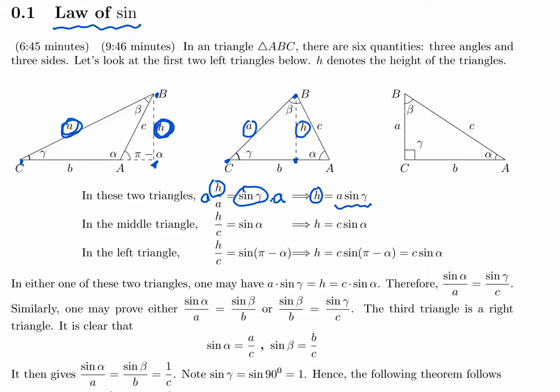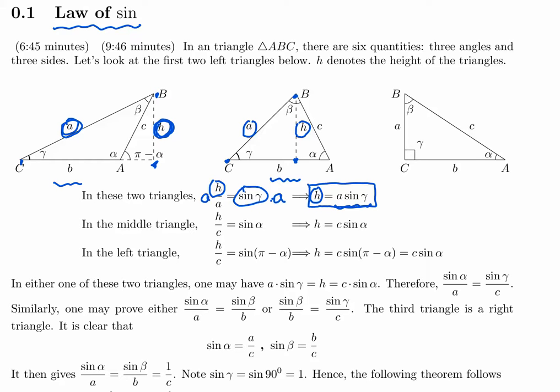Again, multiply both sides by A. So you then have H equals A times sine gamma. So in either the first triangle or the second one, you always have H equals A times sine gamma.